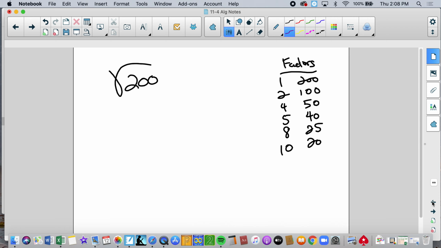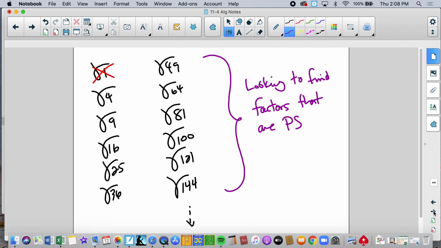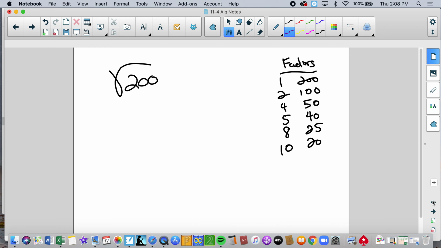So when we look at 200, we're really asking, does 4 go into 200? Does 9 go into 200? Does 16 go into 200? Does 25? Does 36, etc., 49, 64, 81, 100? So we want to find factors that are perfect squares. We see that 4 is a perfect square, 25 is a perfect square, 100 is a perfect square.